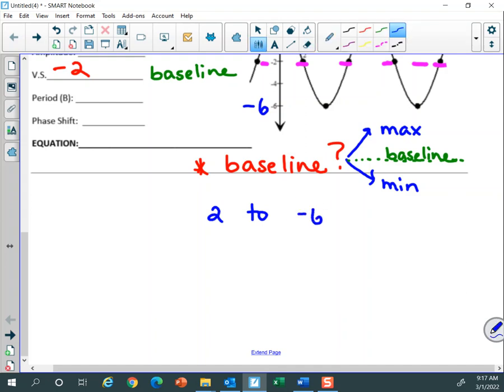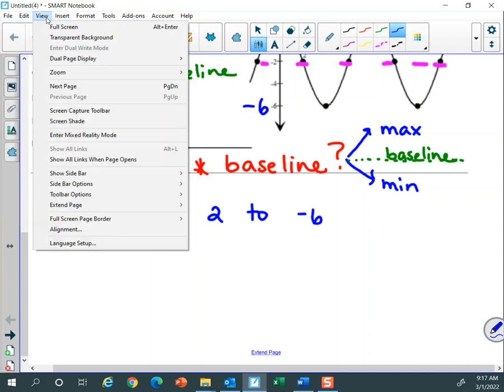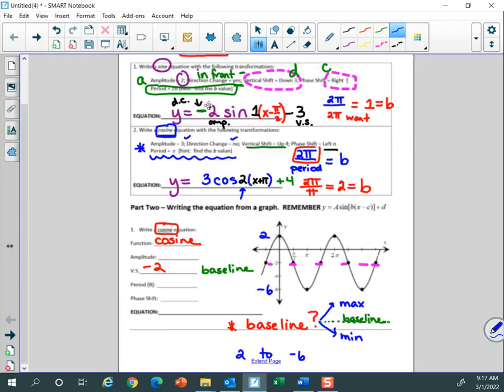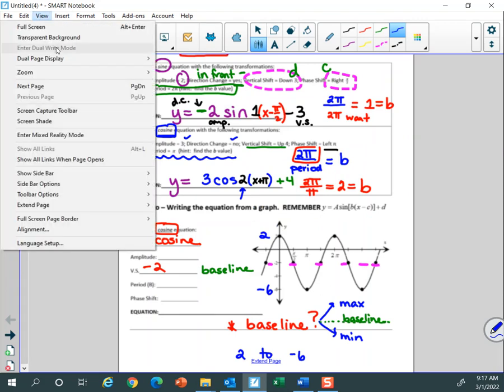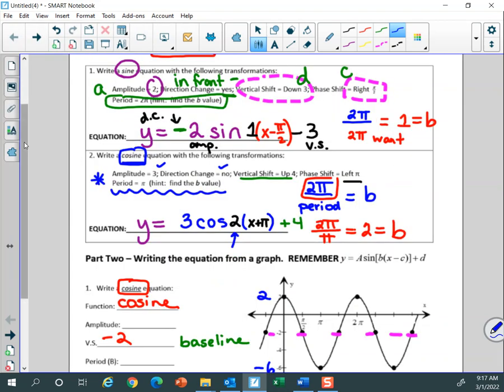Okay. So I'm going from a +2 max to a -6 minimum. Oops, sorry, that's way too soon. There we go. Okay.